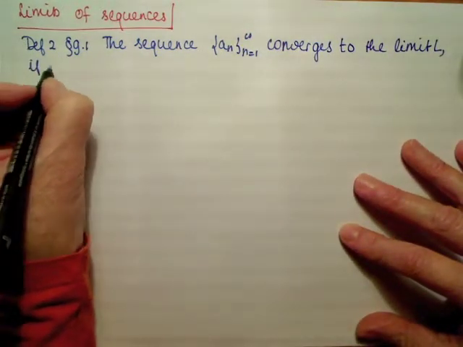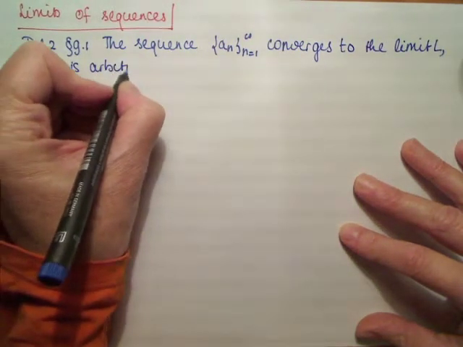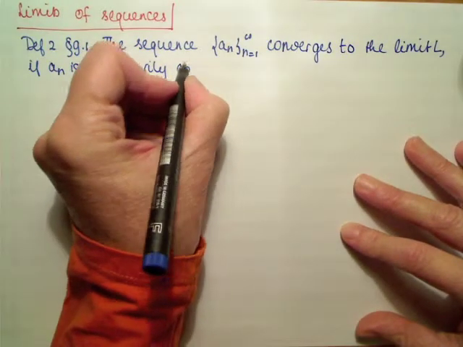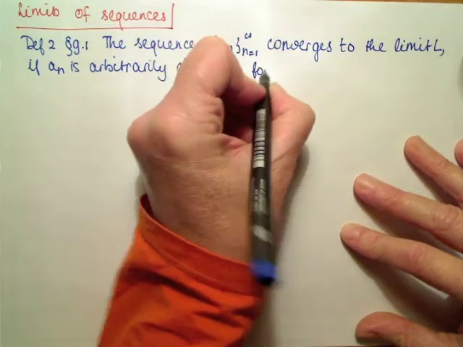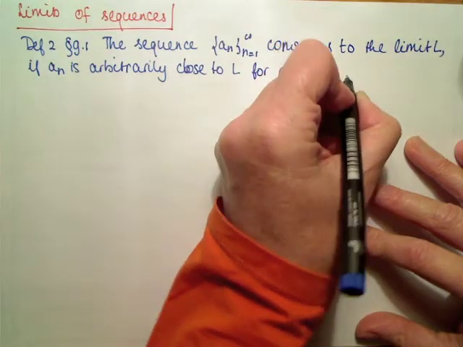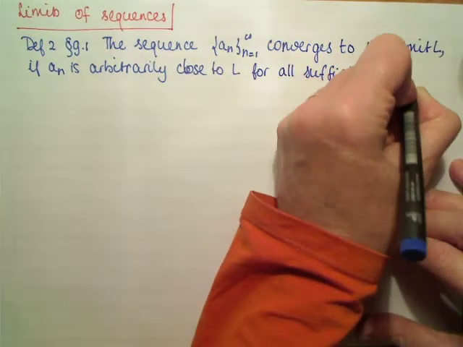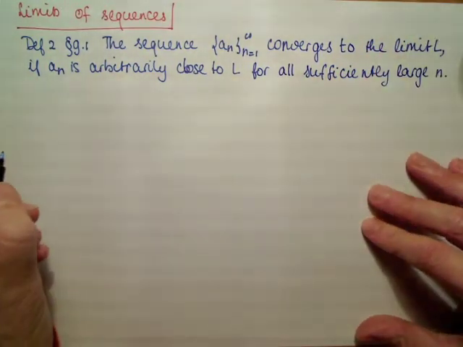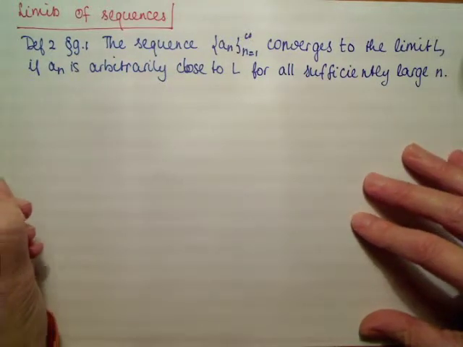If an is arbitrarily close to L for all indices n large enough. So the larger n grows, the less we can distinguish an from this limit L.